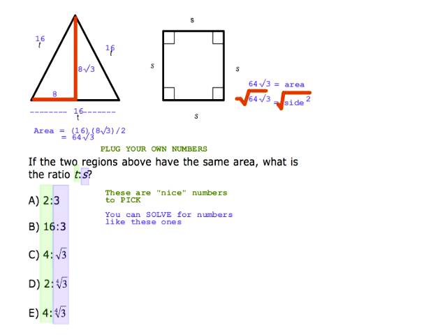Don't need to worry about plus or minus because these things have to be positive. So it's square root of 64 times the square root of square root 3. And that's the side. And so that's your 8 square root 3.